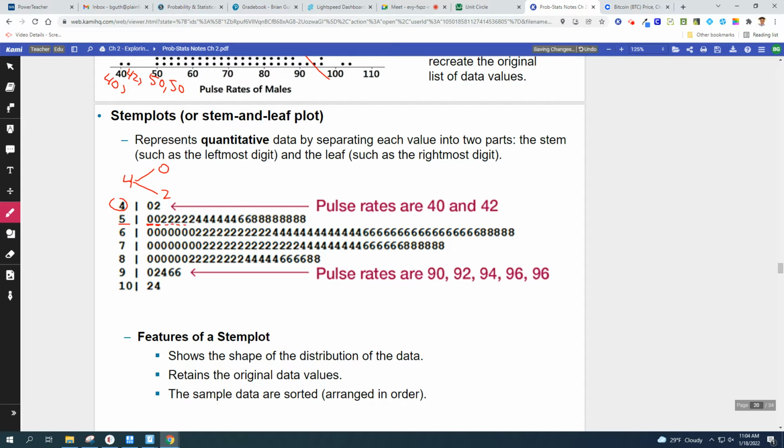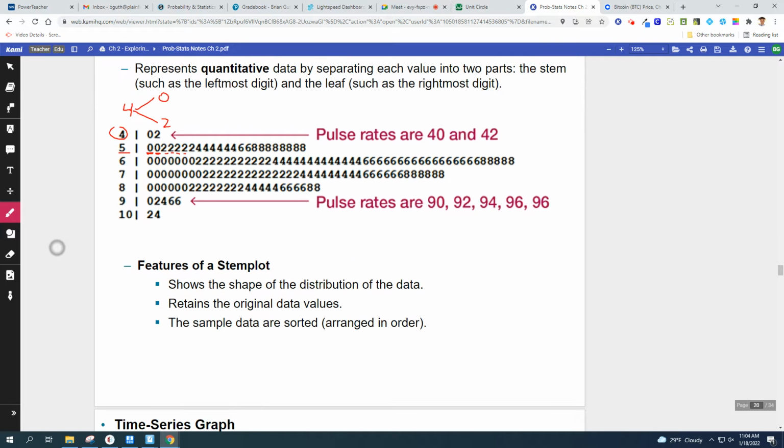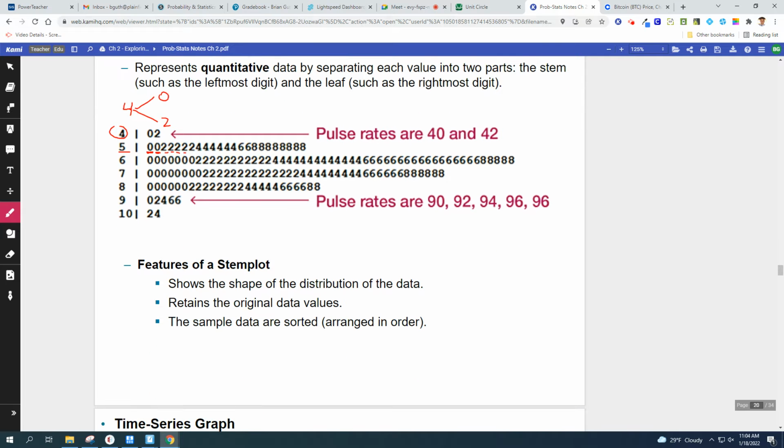So I guess it's trying to eliminate extra writing. There's no point in writing that 5 all those times. And there's no point in writing 60, 60, 60, 60. So they're trying, I guess, to reduce space here. But again, you're going to be able to see all of the numbers here. It shows the distribution of the data.